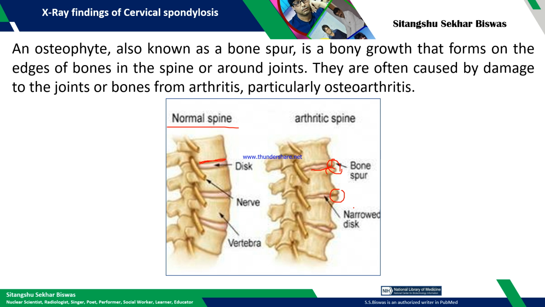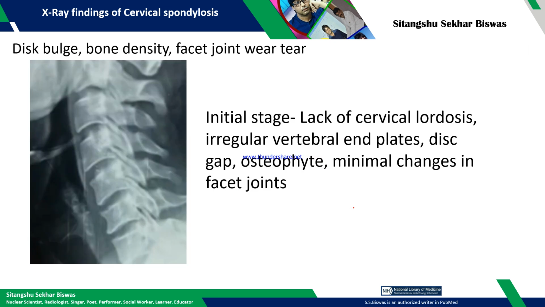With these 3 indications we can conclude that this is a case of cervical spondylosis. Okay. Some other things are also responsible sometimes, like when the disc is bulged, the bone becomes porous, the facet joint wear and tear, all these things are also there, but they cannot be seen properly in X-ray. You need to do the MRI.